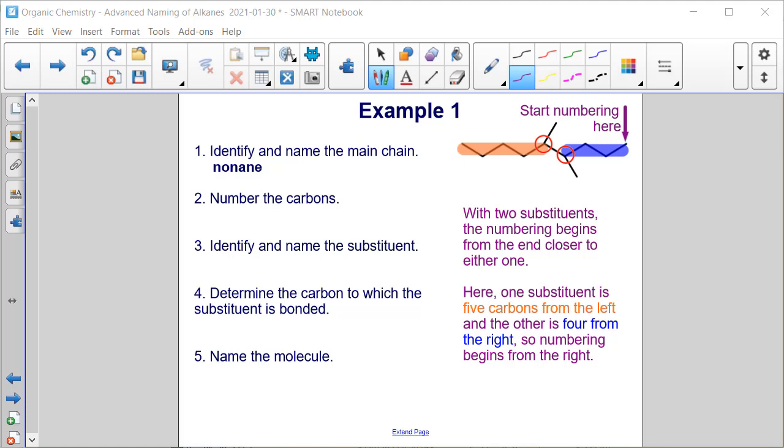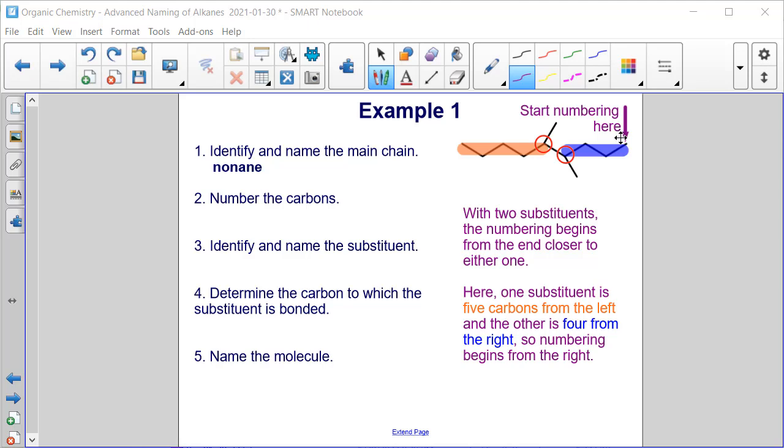Okay, so here's just a summary of that discussion that we just had. With 2 substituents, the numbering begins from the end closer to either one. If we start from the left, our first substituent is 5 carbons from the left. If we start from the right, this substituent is 4 from the right.